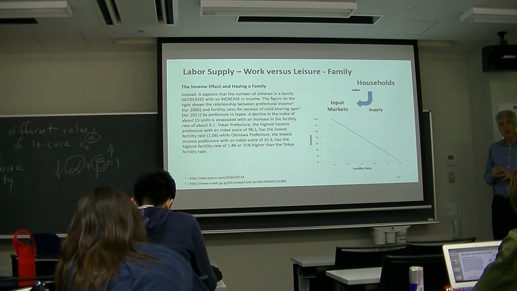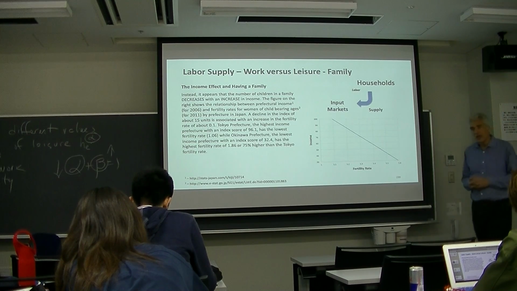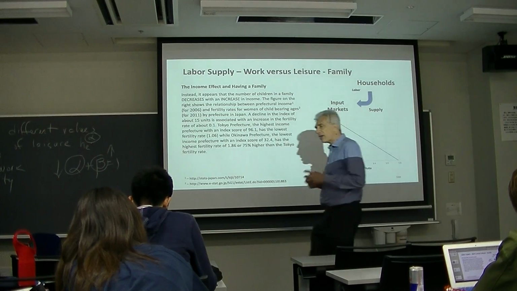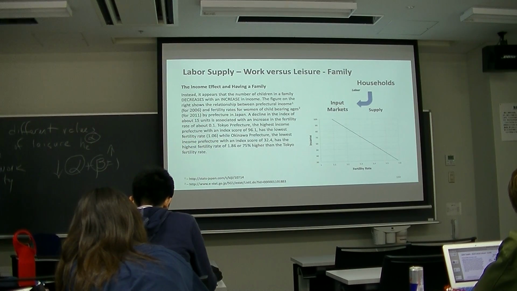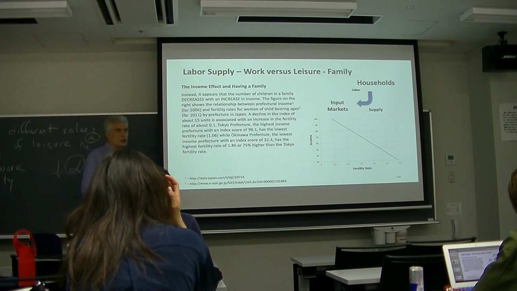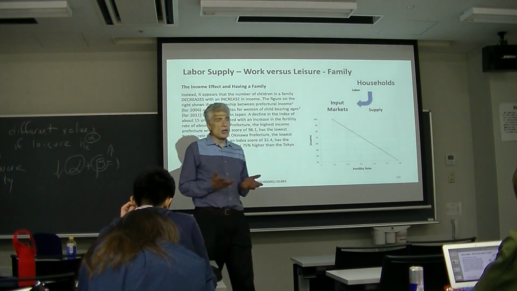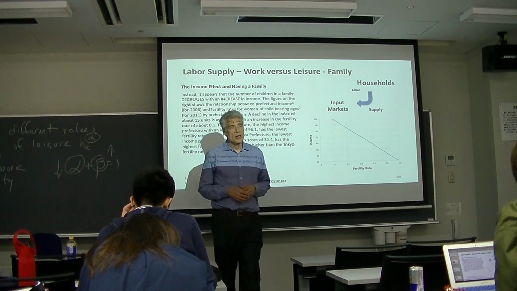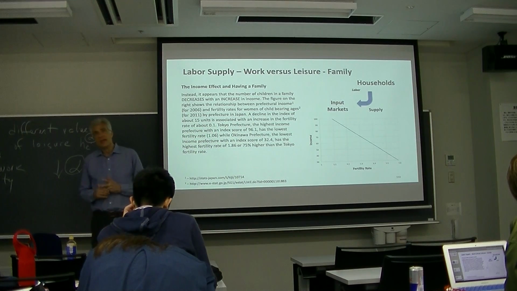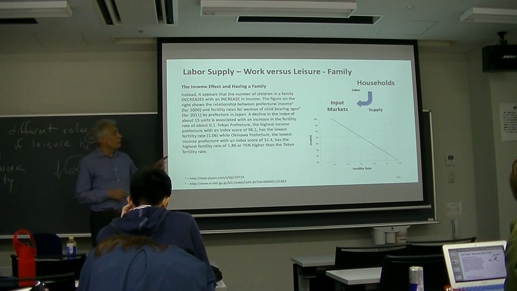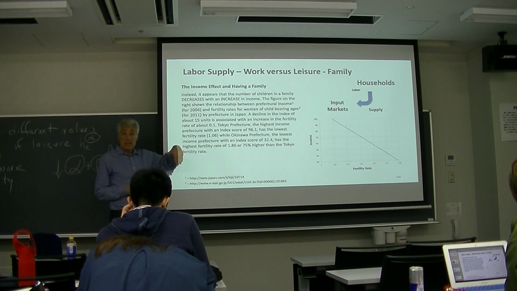So the point here is that quite often when we go out in the real world and get data, we may have a theory, and we want to test it. Is raising children a normal good? If so, then if incomes go up, the number of children should go up. But at least if you look overall by prefecture, it's not.